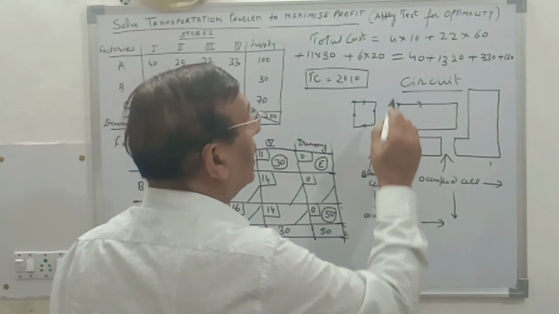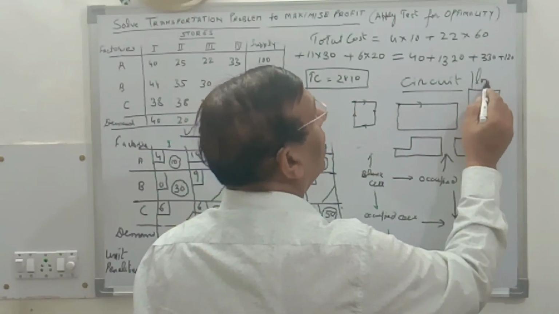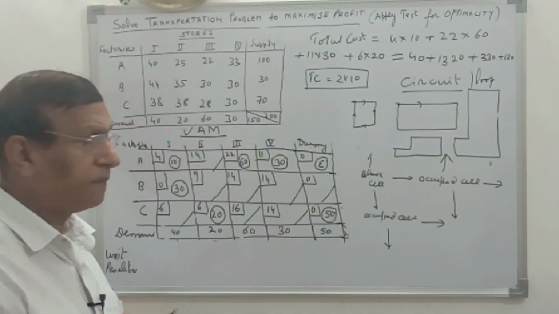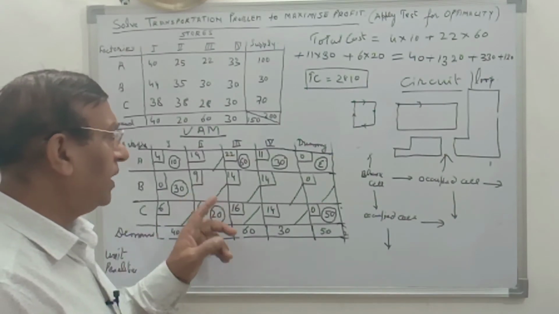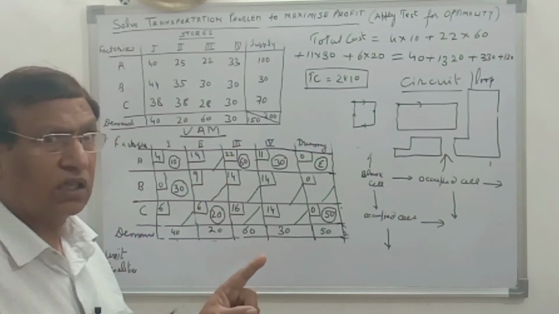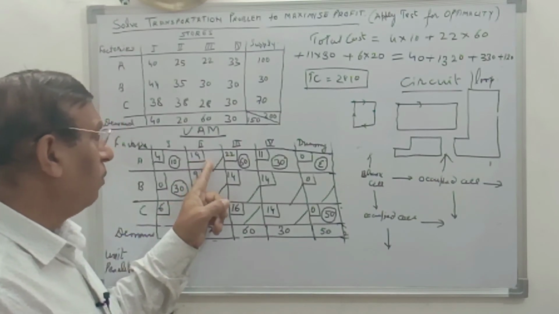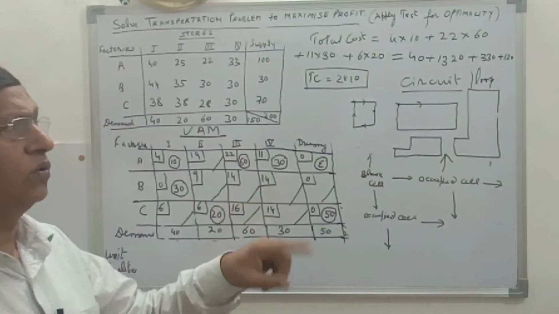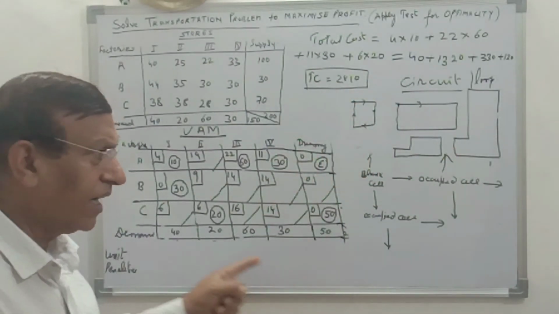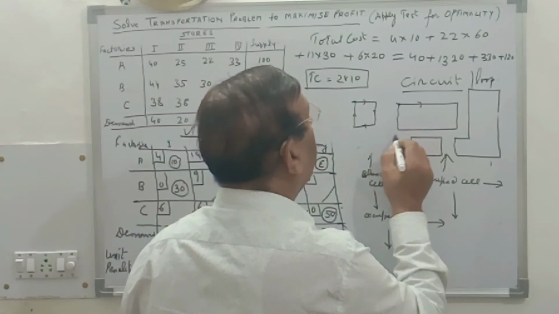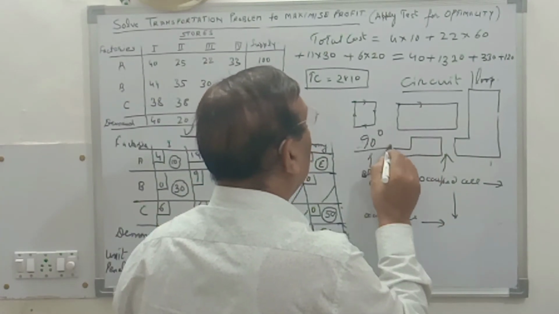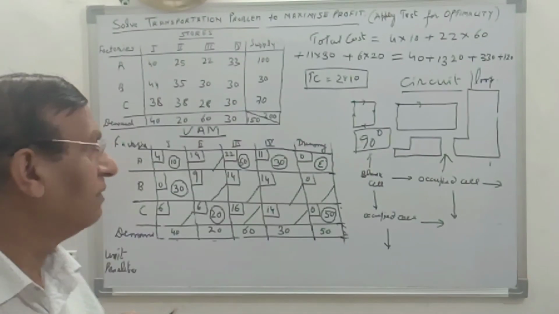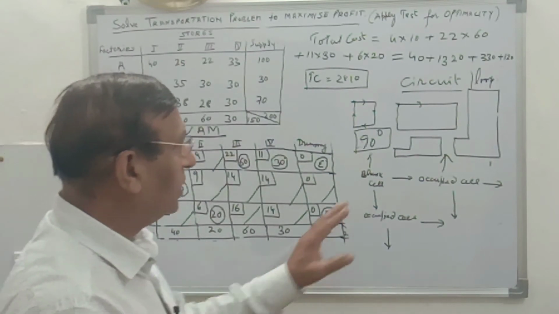And your circuit, or you can say loop, can be a square, rectangle, or whatever shape it takes. There will definitely be one closed circuit, starting from the blank cell, moving to the occupied cell, turning from that occupied cell to another occupied cell, and again turning, always at 90 degrees, not in any other direction. This is the point to be kept in mind.